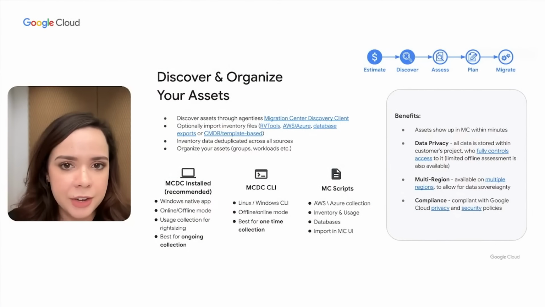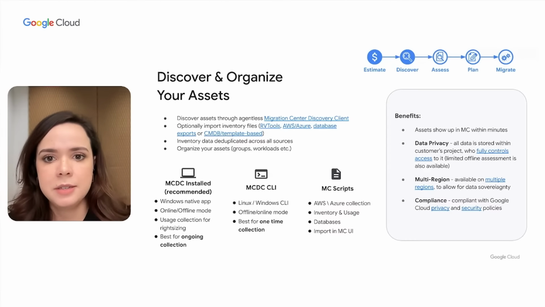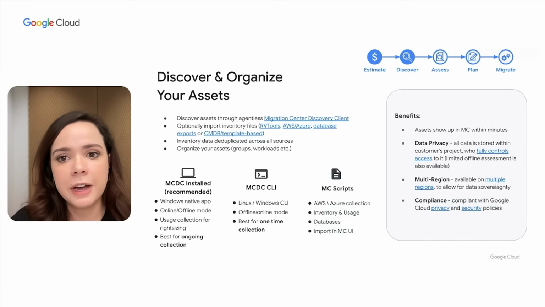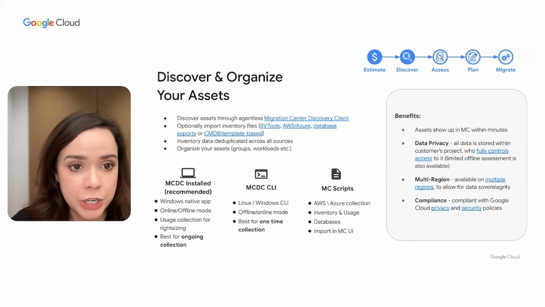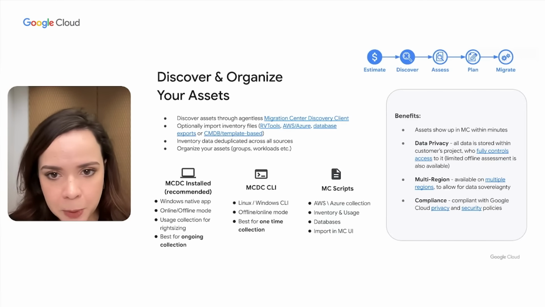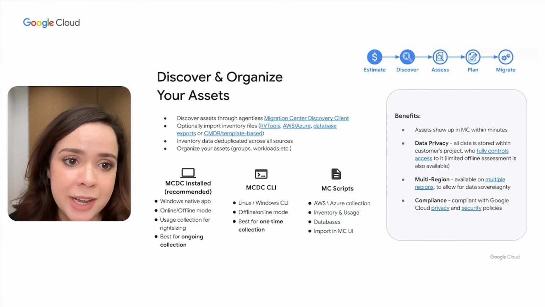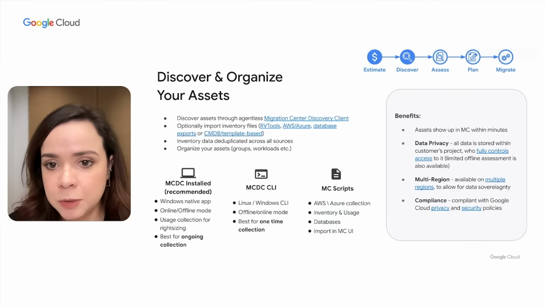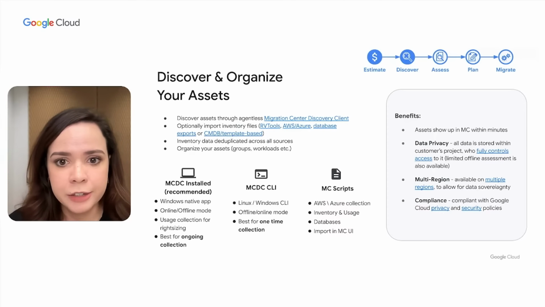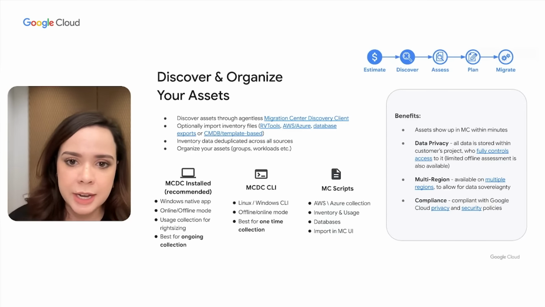Next, discover and assess. This is where you get real data, right? So Migration Center can find your servers and what's running on them. For example, we have the Migration Center Discovery Client, which you can install, and it's recommended for ongoing intelligence and right sizing.